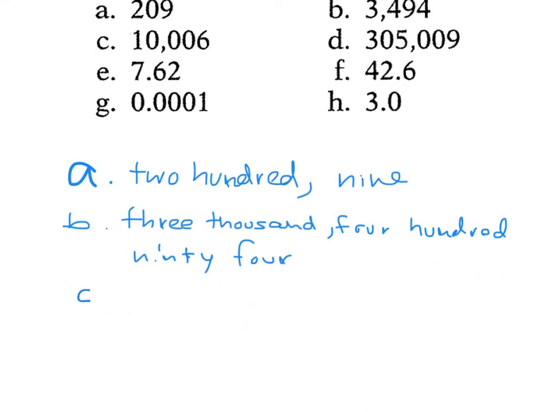For C, we have 10,006, so we would write this just as 10,000, comma 6.